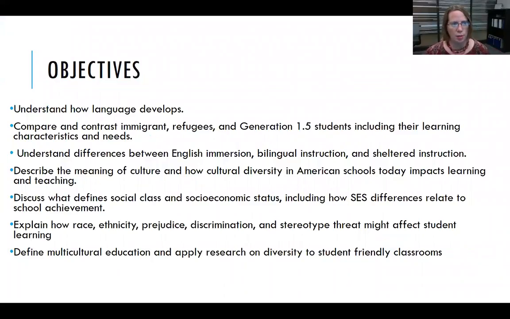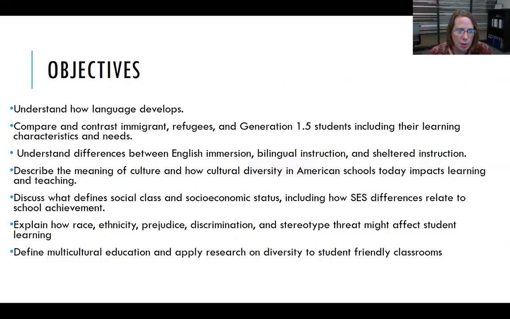So this week's objectives, these are the things that I am expecting you'll be able to do by the end of the unit. Number 1, understand how language develops. 2, to be able to compare and contrast immigrant, refugees, and Generation 1.5 students, including their learning characteristics and needs. 3, to understand differences between English immersion, bilingual instruction, and sheltered instruction. 3, to be able to describe the meaning of culture and how cultural diversity in American schools today impacts learning and teaching.